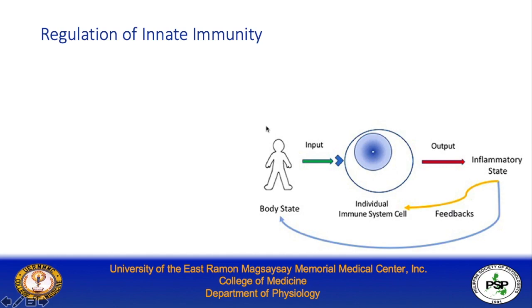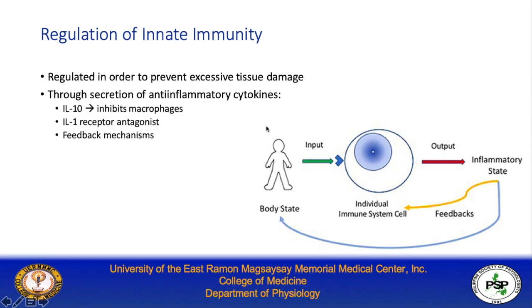Now, the regulation of our innate immunity is to prevent excessive tissue damage because it's non-specific, unlike the adaptive immunity. And this is through the secretion of anti-inflammatory cytokines. For example, as I've mentioned earlier, you have your interleukin 10, which inhibits the macrophages.